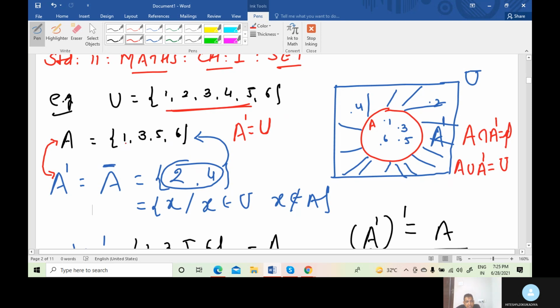Now all the elements of set A, 1, 3, 5, 6, are cancelled. So the common elements cancel: 1 cancel, then 3 cancel, 5 cancel. Then which elements remain in set U? So the answer is only 2, 4. Is that clear? So A dash is equal to U minus A.